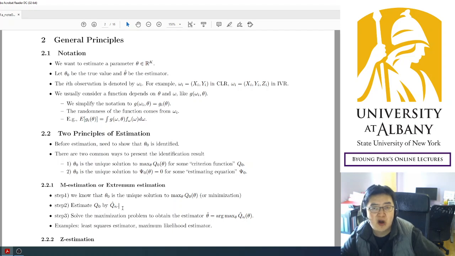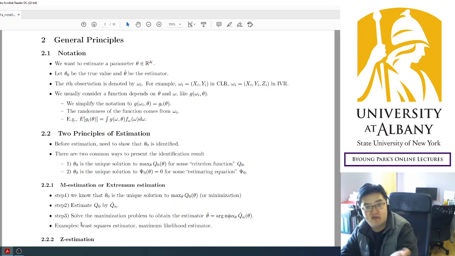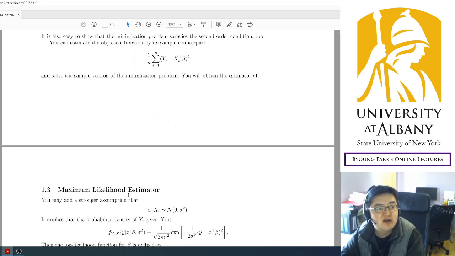Then you solve the maximization problem using the estimator for the function. So theta hat solves the maximization of Q hat. Intuitive. So you have seen the exact same framework from the least squares estimator. Least squares is this one. So go back here.